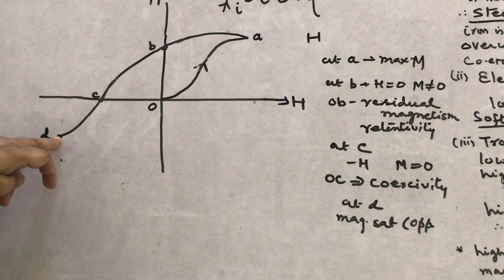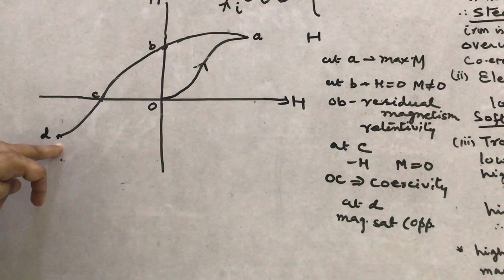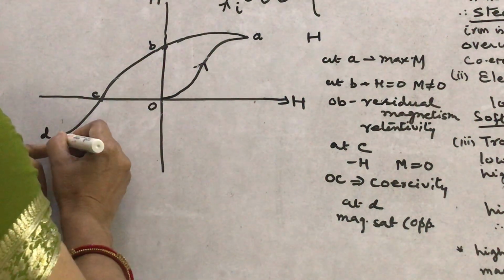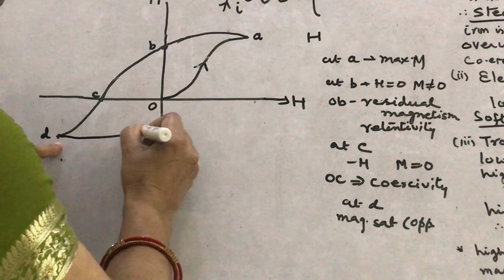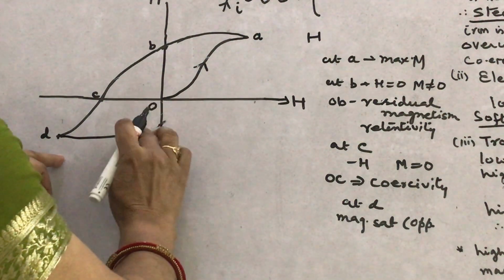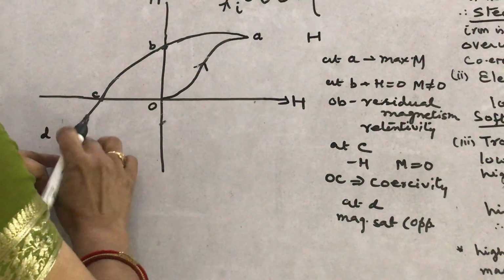So, at maximum H, maximum magnetic saturation, then again from maximum to 0, suppose the magnetizing current is again decreased.